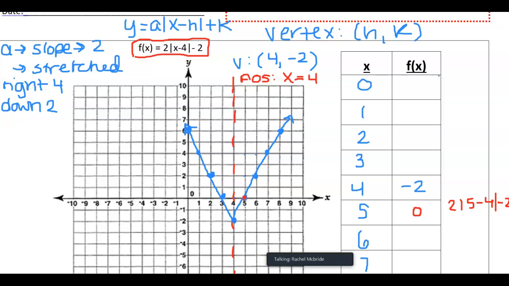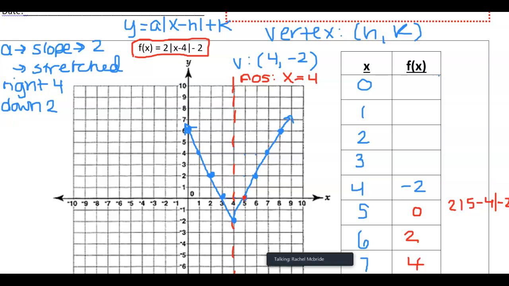Plugging in 6, 6 minus 4 is 2, absolute value of 2 is 2, 2 times 2 is 4, 4 minus 2 is 2. Plugging in 7, 7 minus 4 is 3, 3 times 2 is 6, 6 minus 2 is 4.